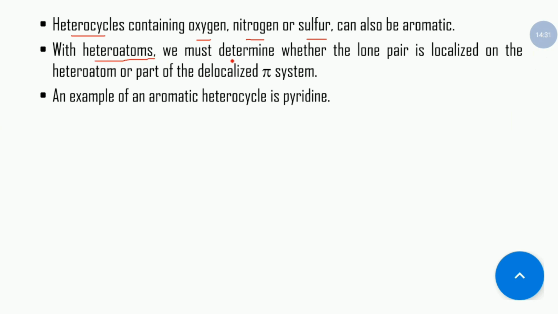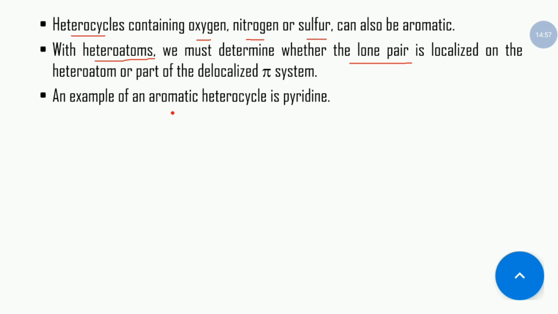We must determine whether the lone pair participates. Heteroatoms carry lone pairs, and this is a new thing: a lone pair can also be delocalized, or it can participate in the conjugation process. So we have to see it one by one.